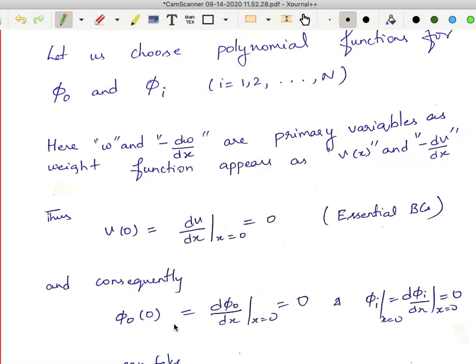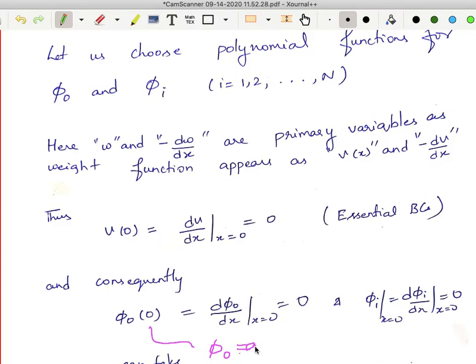First order, right? So for phi naught, because it has to satisfy two constraints, what form of phi naught should we consider?